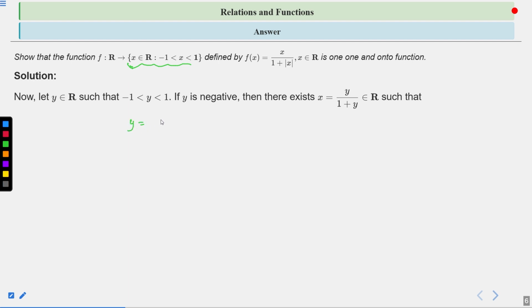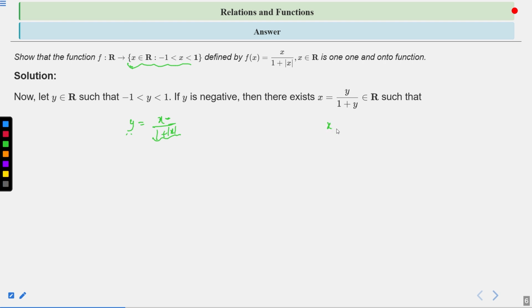y is negative, then y is basically x upon 1 plus mod x. See, the denominator term is basically positive always, because 1 plus mod x. Since y is negative, x should be negative, right?